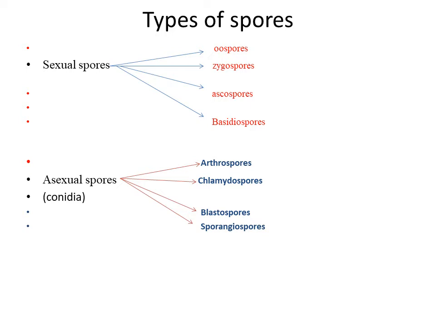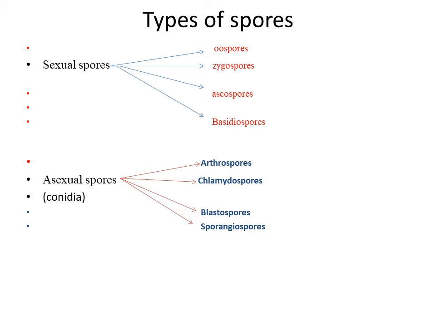So as you see in this diagram, sexual spores are, first, an oospore, which is a thick-walled sexual spore that develops from a fertilized oosphere in some algae, fungi, and oomycetes.